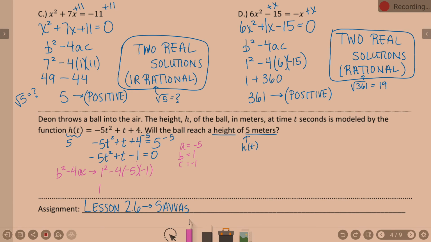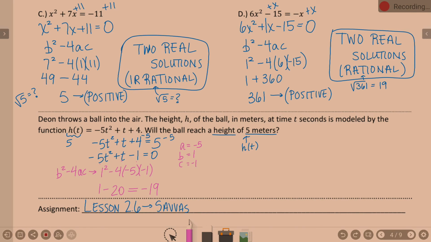Minus 4 times minus 5 times minus 1. 4 times 5 times 1 is 20. Multiplying three negatives is minus. 1 minus 20 is negative 19.